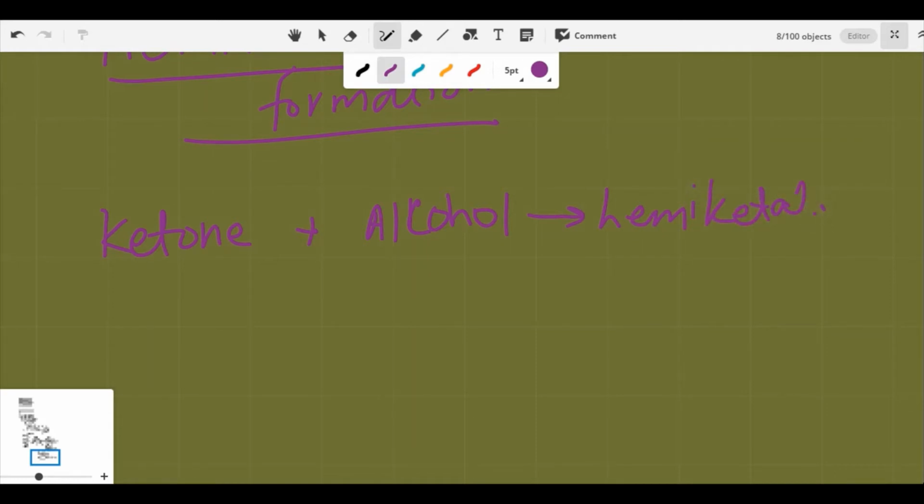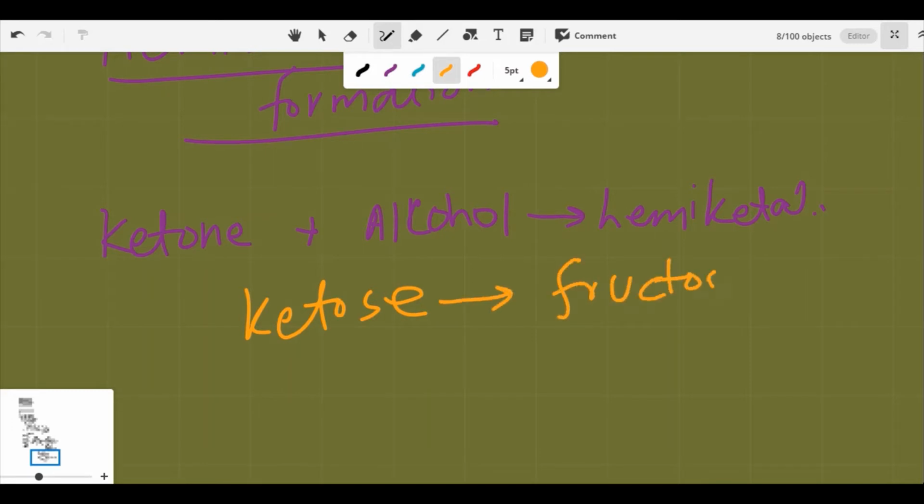Okay, so here is again the analogous intramolecular reaction of the ketose sugar such as fructose, because you know that the aldose sugar is glucose and the ketose sugar is fructose. That will form a cyclic hemiketal. So here instead of pyranose, it will be referred to as furanose structure.